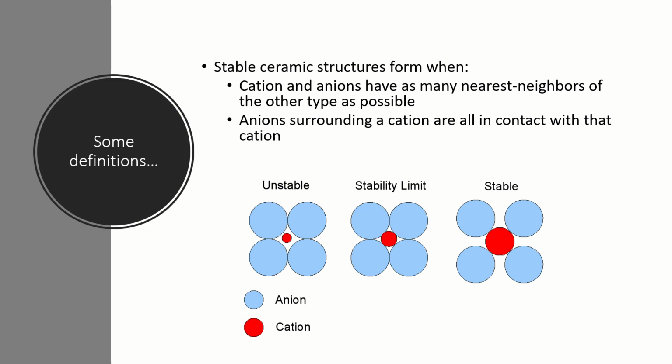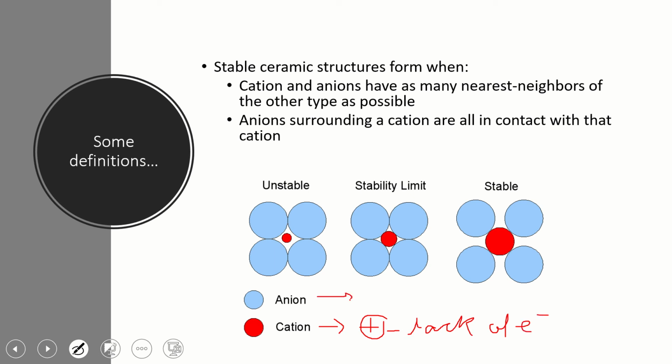So let's jump in and talk specifically about the ceramic structures. It's very important for ceramic structures to be stable because they are formed by cations and anions. The cations are usually smaller than the anions because, as we remember from chemistry, the cations are the ones with the positive sign, which means a lack of electrons.